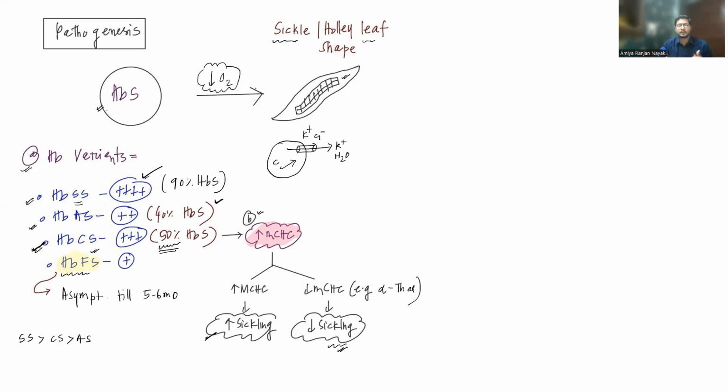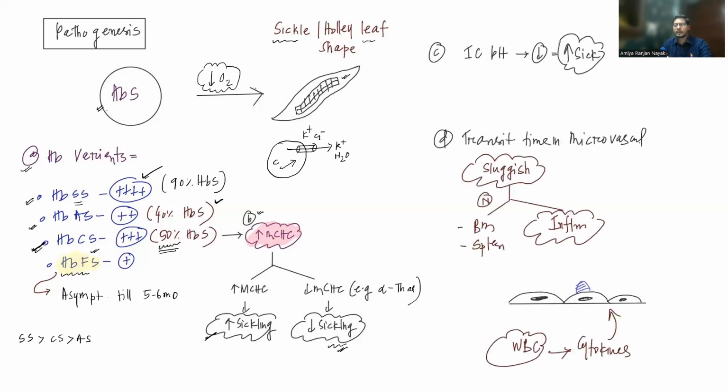Now we have discussed the hemoglobin variants and how they affect sickling. We have discussed the MCHC and how it affects sickling. Now we'll discuss two more parameters. One is the intracellular pH. Whenever you reduce the pH, it will cause the oxygen dissociation curve to shift towards the right.